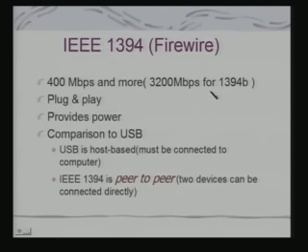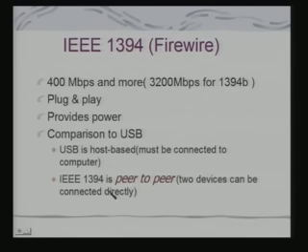This is a serial bus. It has the same plug and play capability. Just like in the USB bus, whenever you are connecting a device, the device is recognized. Here also the target is to provide plug and play capability. It also provides power, so there is a power connection along with it.